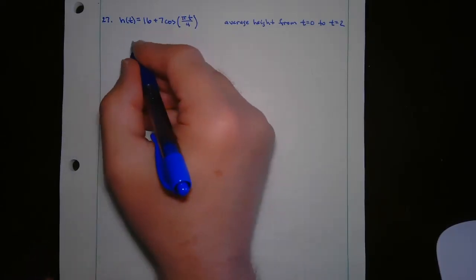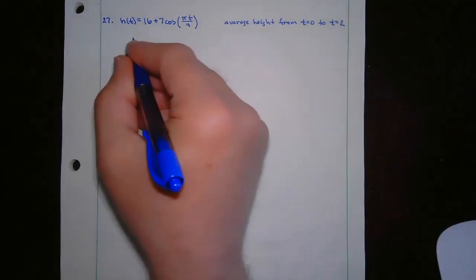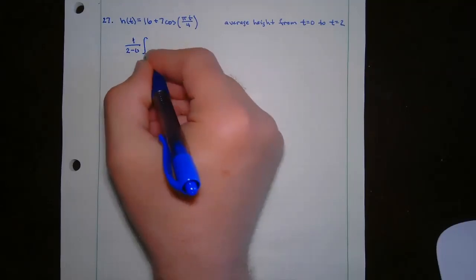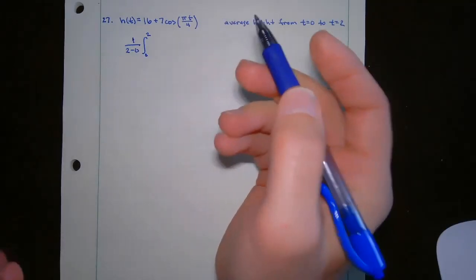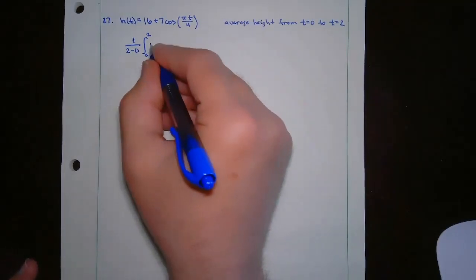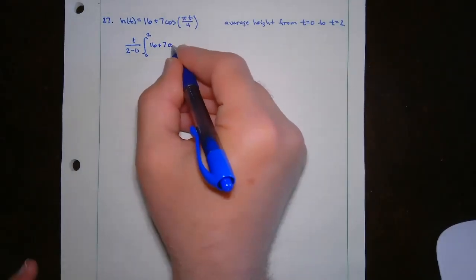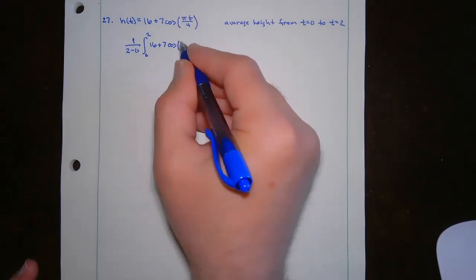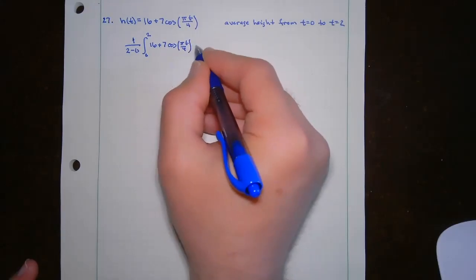So really, this is simply 1 over 2 minus 0 times the integral from 0 to 2 of h of t dt. And so that would be 16 plus 7 cosine of pi t over 4, and then dt.